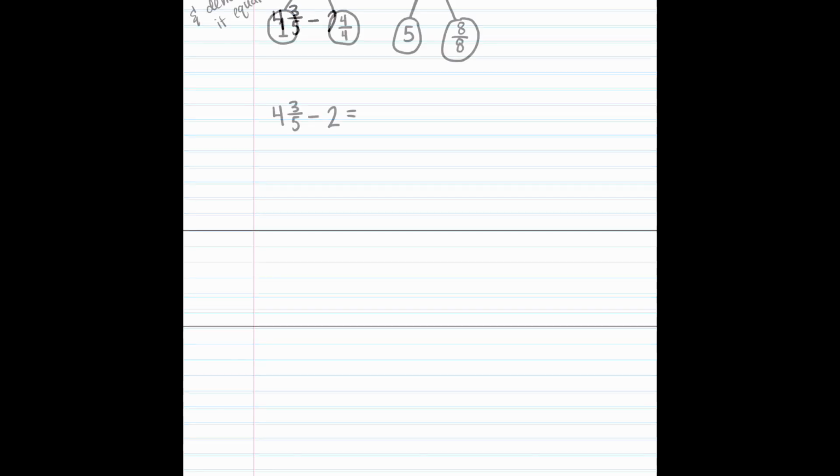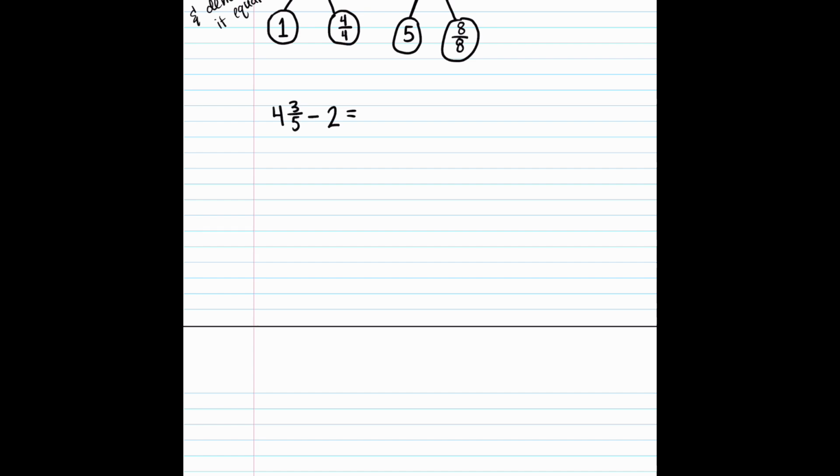We will do 4 3/5 minus 2. Okay, so with this first one, when we are doing a mixed number minus a whole number, all we really have to do is do our whole number minus our whole number. 4 3/5 minus 2 equals 2 3/5.